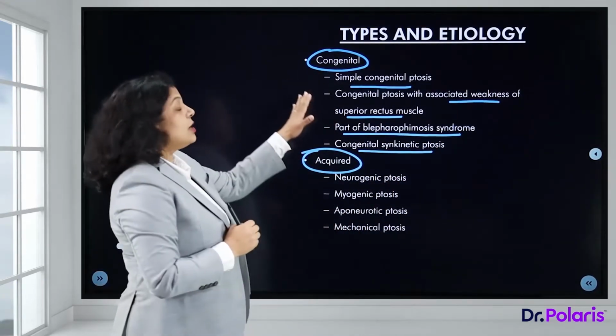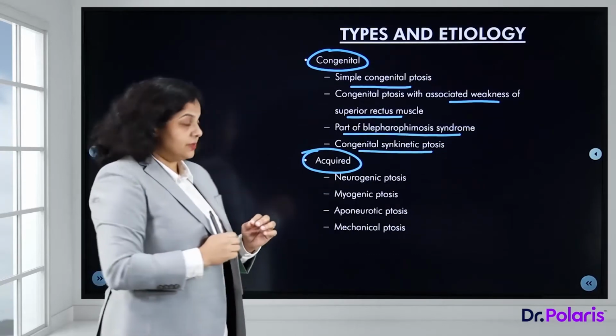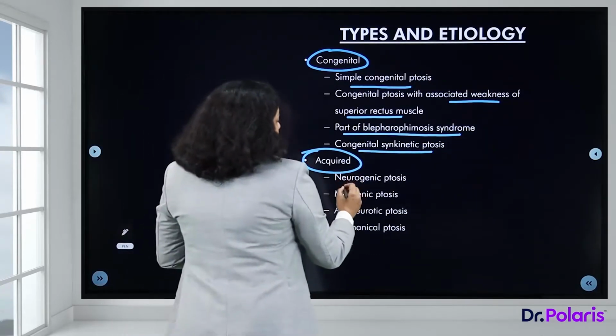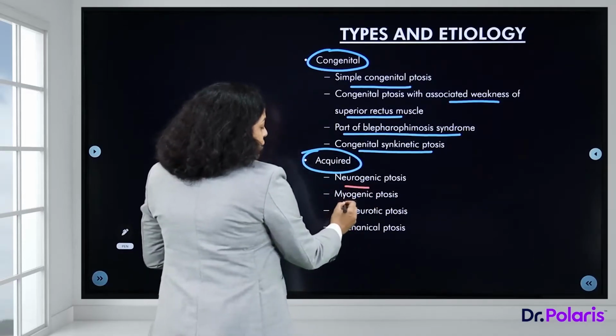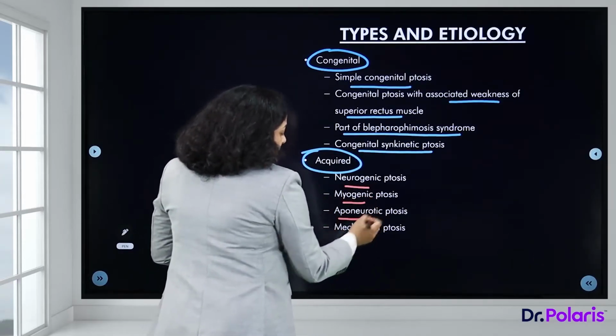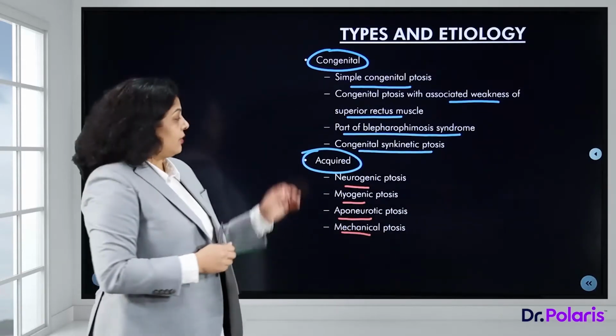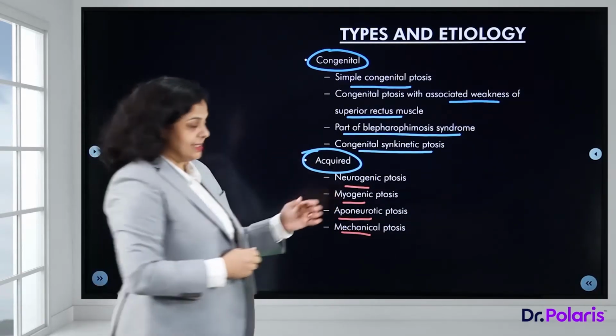So these are all your congenital ptosis. In acquired ptosis, it could be neurogenic, myogenic, aponeurotic or mechanical type of ptosis. We are going to discuss all this in detail.